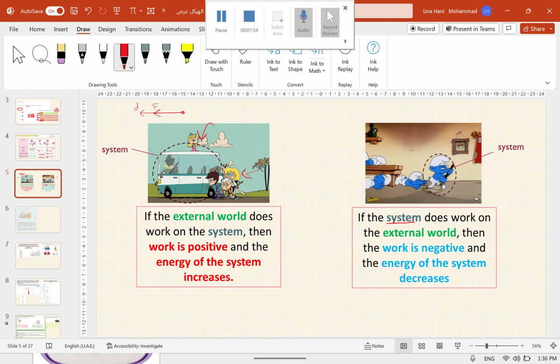But if the system does work on the external world, so for example, if you are doing work on your environment, then the work would be negative. You can apply the equation on different situations and find out that the work would be negative and the energy of the system decreases. Just like when you throw an apple upwards.